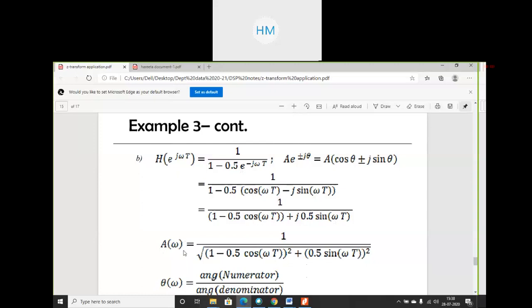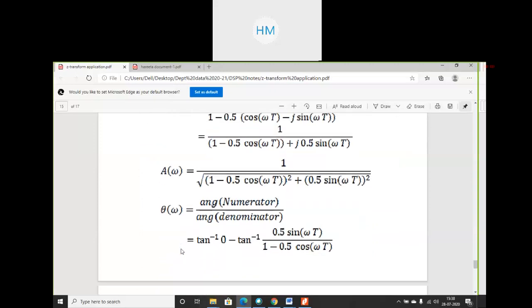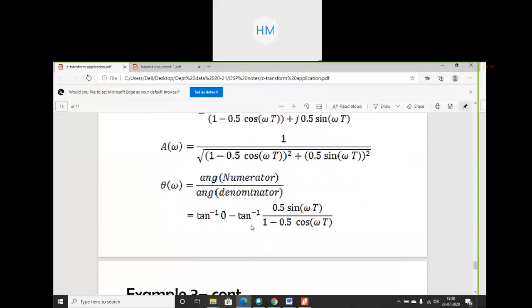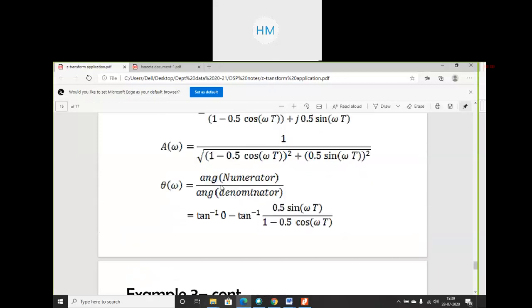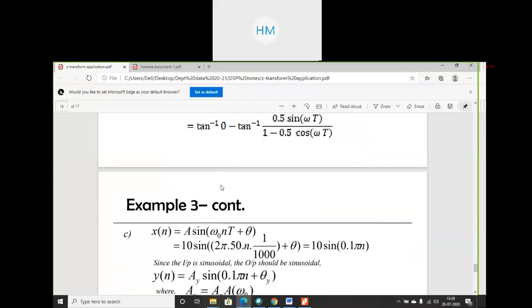So what will be the magnitude? 1 upon under root of real square plus imaginary square. This is my real term, and the term associated with j is the imaginary term. Under root of real square plus imaginary square is my magnitude. Phase angle is tan inverse numerator minus tan inverse denominator. So I will get the answer by simplifying this.